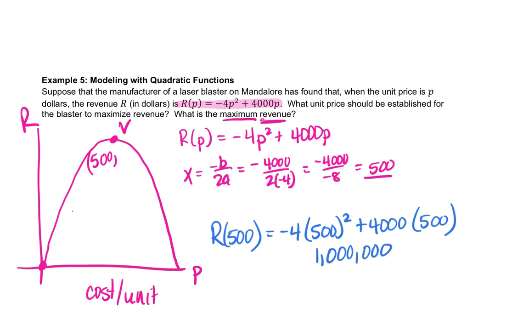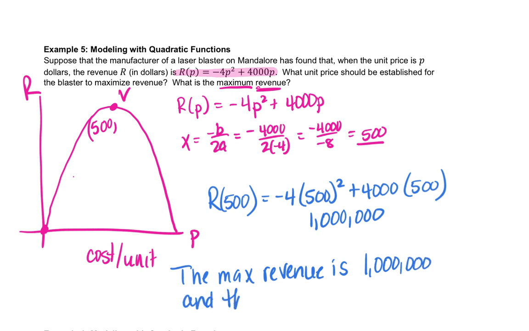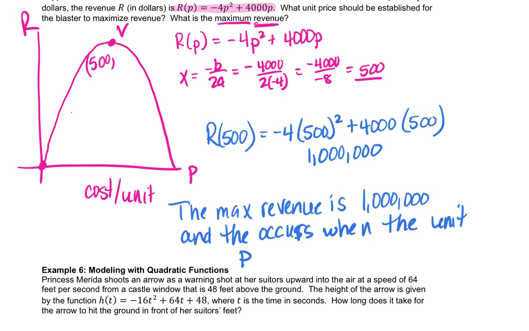So to answer their question, which says, what unit price should be established for the blaster to maximize revenue? I would answer it as the max revenue is 1,000,000, and that occurs when the unit price is 500.